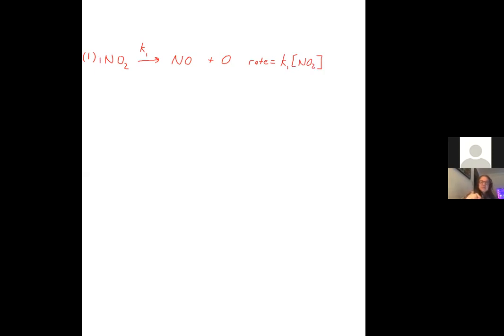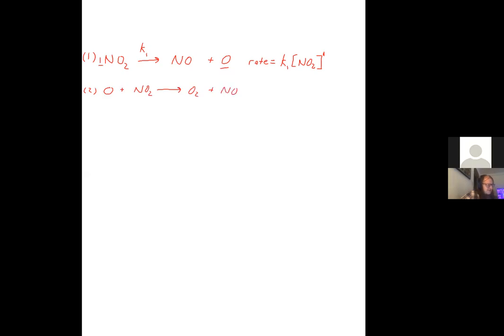So for elementary reactions or mechanisms, the elementary steps, you just look at the molecularity. If it's unimolecular, that means it's a 1 there. Okay. Now, that's our first step. We have a second step. What this is saying is that the oxygen that we formed here is now colliding with another NO2. There's a bunch of NO2s in there, right? And it's forming O2. I guess you might call this abstracting.